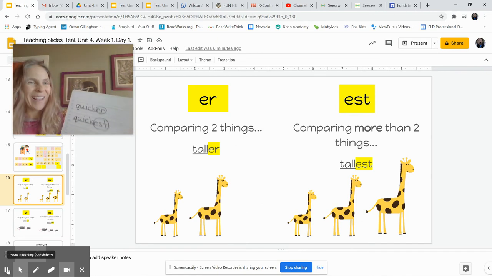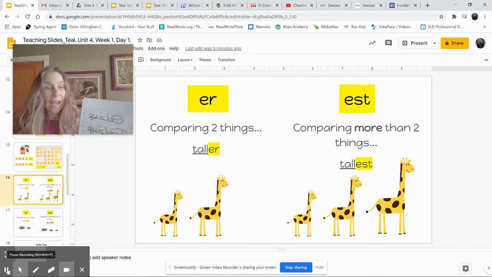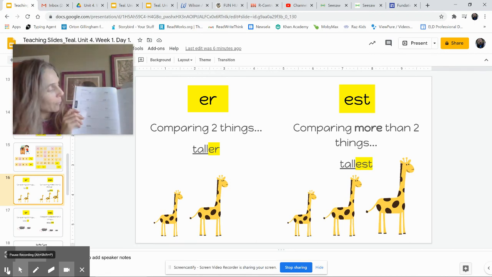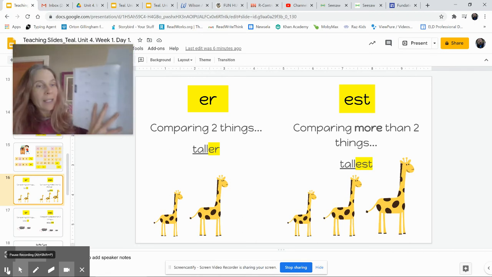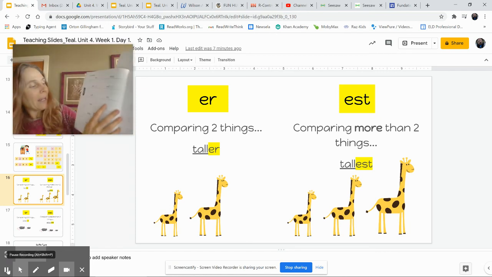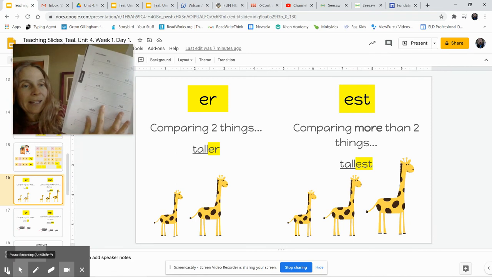I hope so. Now, I want you to take out your monster book or your student notebook, and we're going to look at that page 26 again. So you've got your student notebook, and we're going to turn to page 26 where we have our suffix ER and EST.